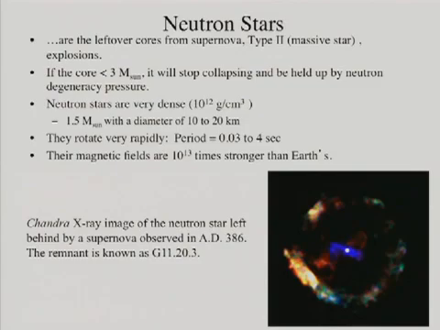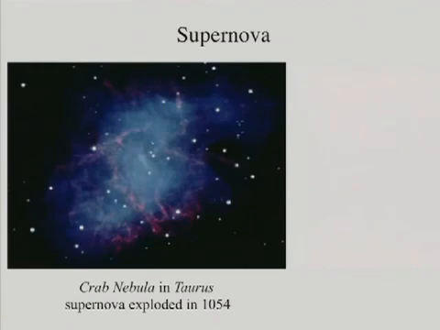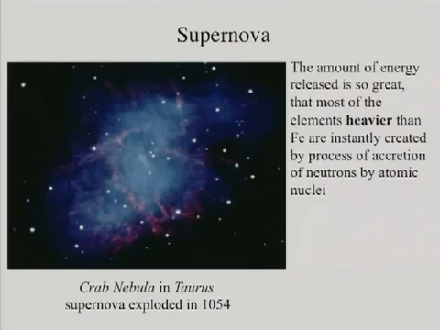This cloud of material contains a lot of heavier elements and is accelerating away from the central region of where it occurred. This one is the Crab Nebula, the one that I said you should have seen from the northern hemisphere, and they don't report it, at least in Western astronomical literature.